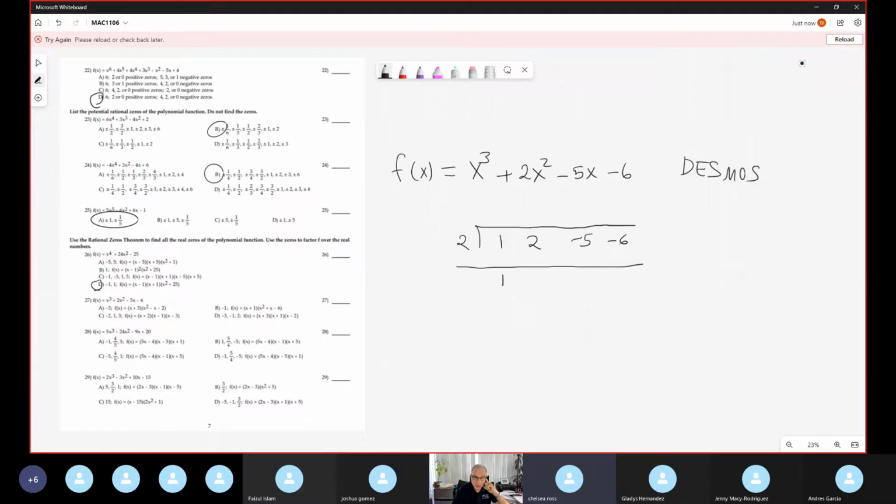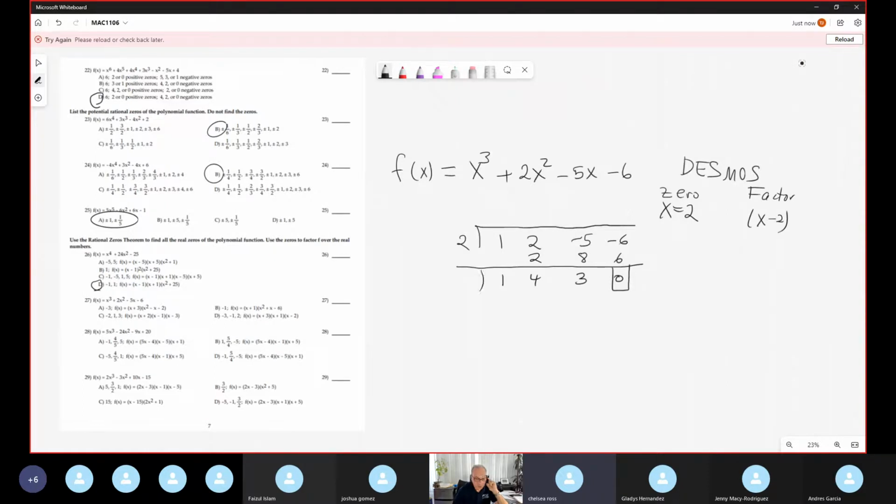Bring down 1, multiplication 2, 2 plus 2 is 4, 4 times 2 is 8, subtraction is 3, and 3 times 2 is 6. Okay, exactly, we predict 0 remainder, therefore x equal 2 is a zero, and the factor is x minus 2. Remember, the factor and the zero have opposite sign.